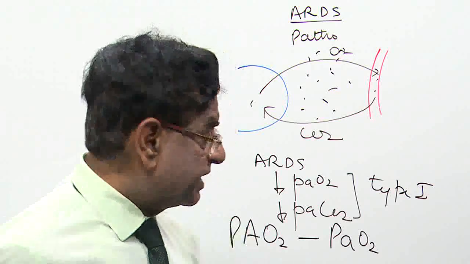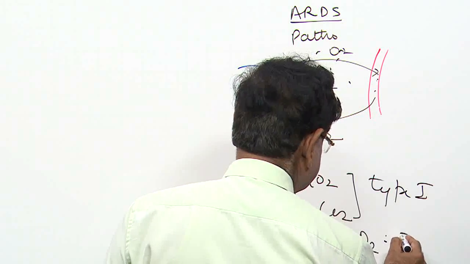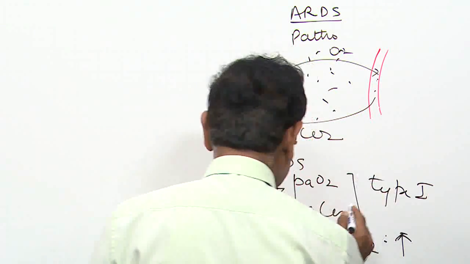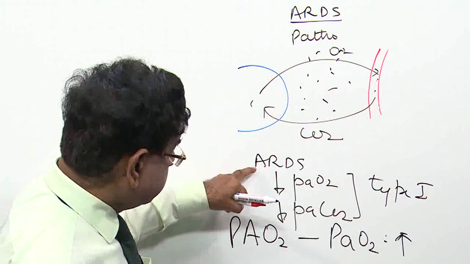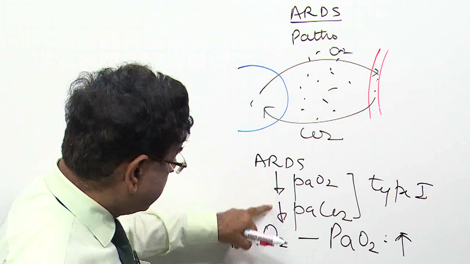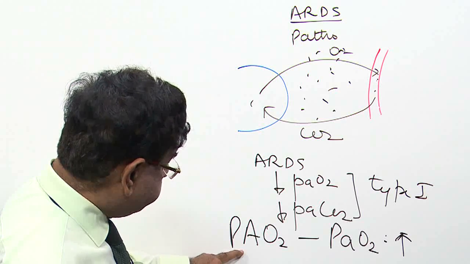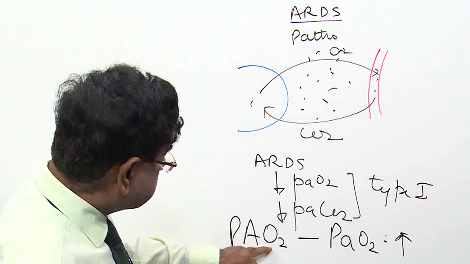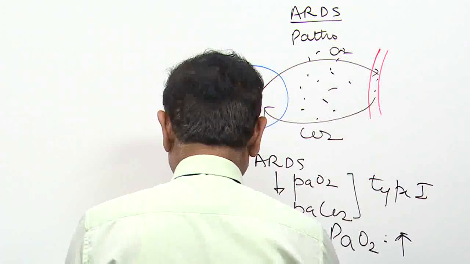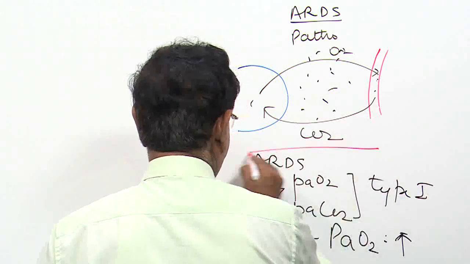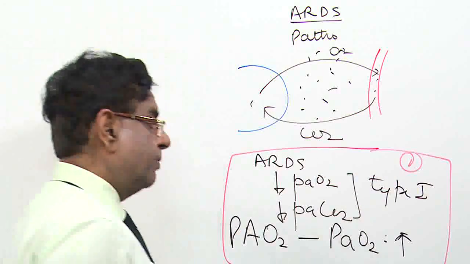That means this gradient will be increased in type 1. So friends, in type 1 failure, which occurs in ARDS, there is hypoxia, hypocarbia, and the pulmonary alveolar to pulmonary arteriolar oxygen gradient is increased. This is box number 1.